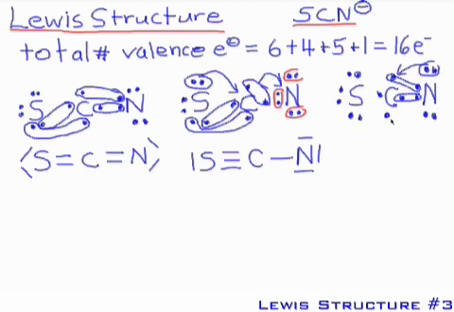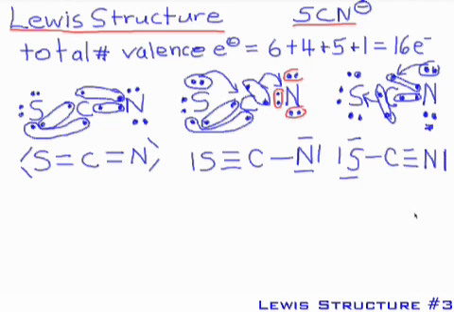Carbon doesn't want to share them, but he can datively donate 2 electrons to the sulfur. If we do that, we get sulfur with 3 lone pairs, carbon with a triple bond to nitrogen, and this guy right here is the only lone pair of nitrogen.